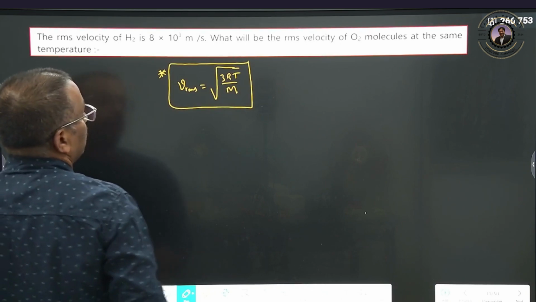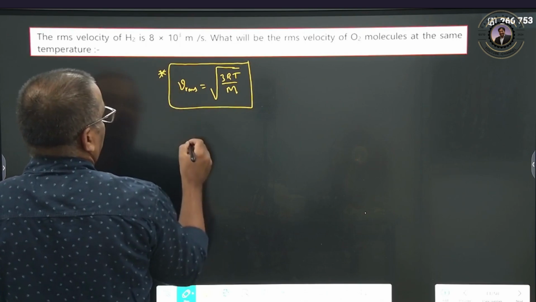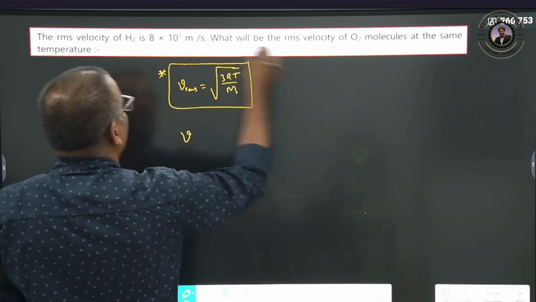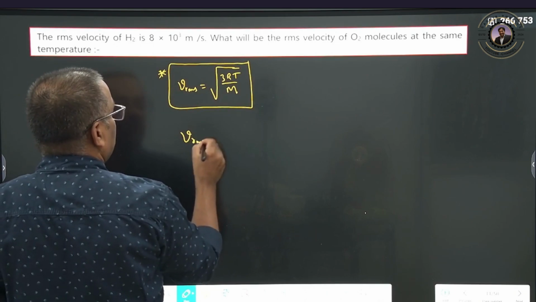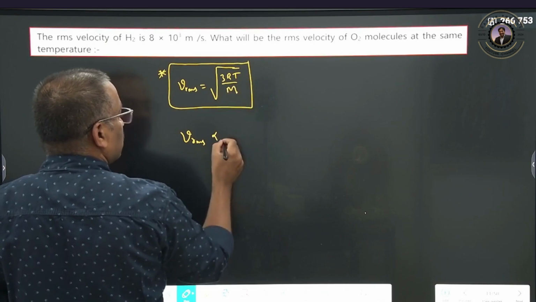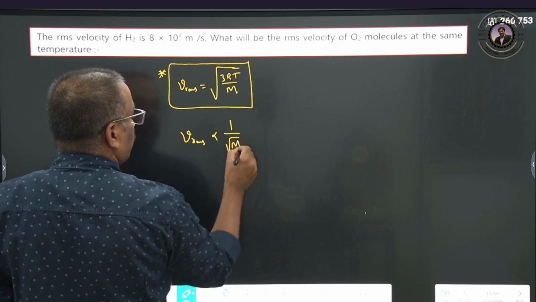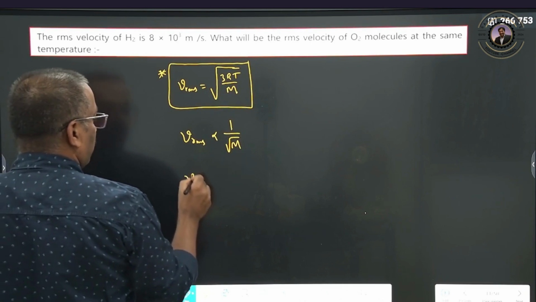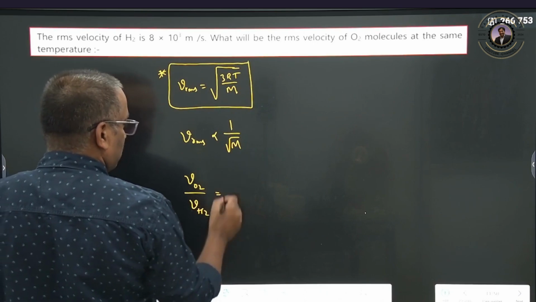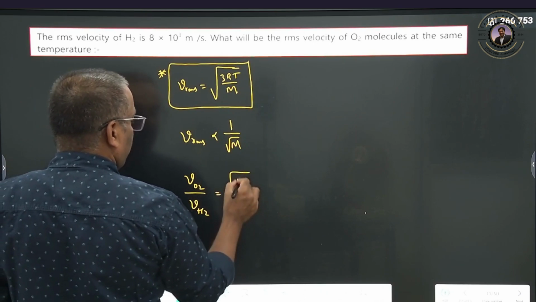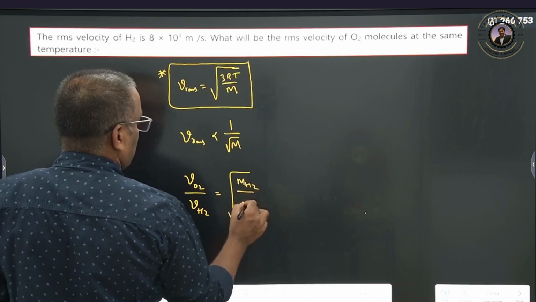Here it is the same temperature, and R is also the same, so RMS speed is inversely proportional to root of M. Therefore V of O2 by V of H2 is root of mass of H2 by mass of O2.